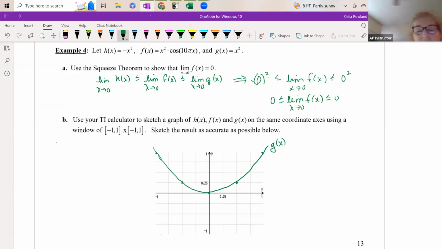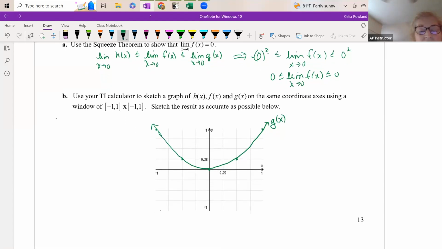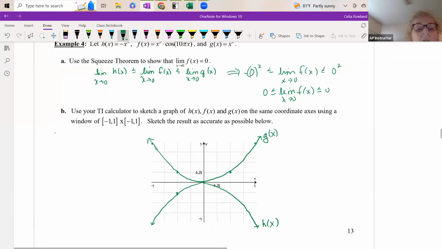Now, if I take my h of x, it does the same thing, except it's negated, so it's coming down like this. So here's my h of x. You can see that it's going to squeeze in. Now, if you graph x squared cosine 10 pi x, it's going to go bonkers on you. It does this, and then it comes back out like this.